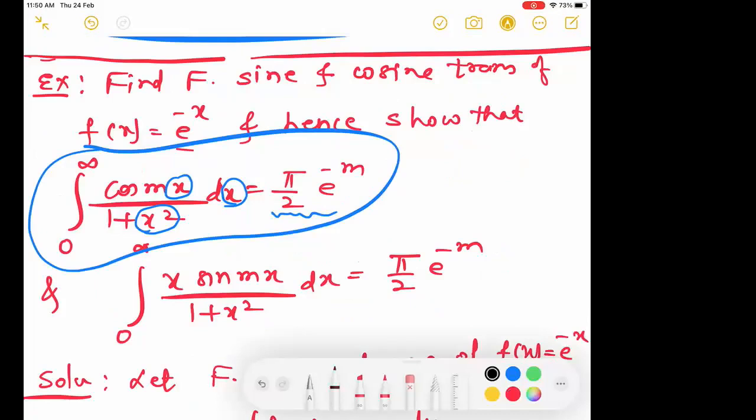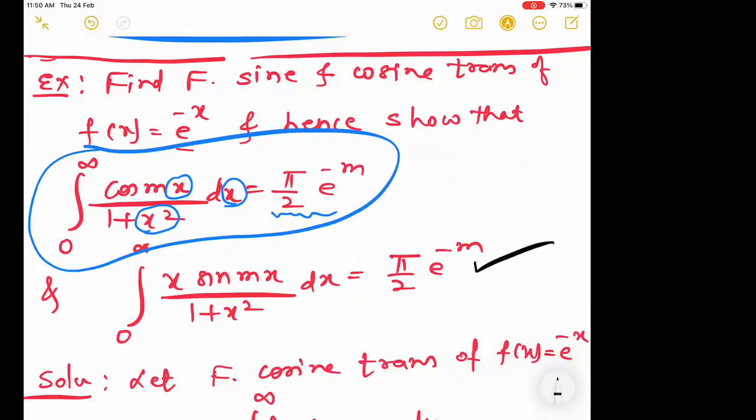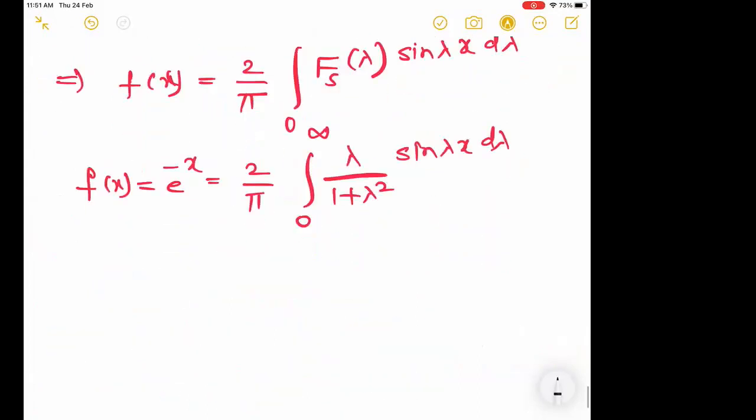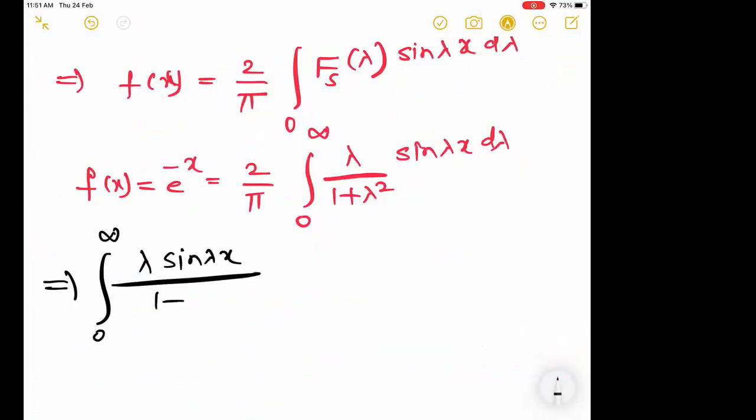show that this result, x sin mx upon 1 plus x square. So first shift all the constant terms to the other side, only the integral keep on the left side, and therefore integral 0 to infinity lambda sin lambda x upon 1 plus lambda square d lambda is nothing but pi by 2 into e raised to minus x.